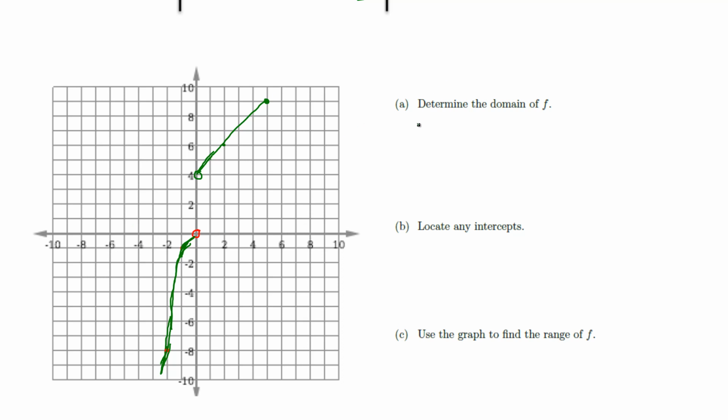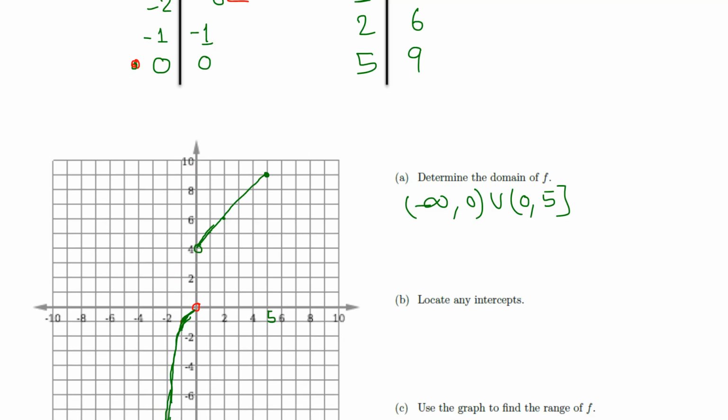Now the questions are, determine the domain. So domain means x values. Look, this one is going forever. Forever means negative infinity through 0, which is not included. Look, here's a circle. So 0, we have to exclude 0. Then 0 to 5, and it stops at 5, bracket.